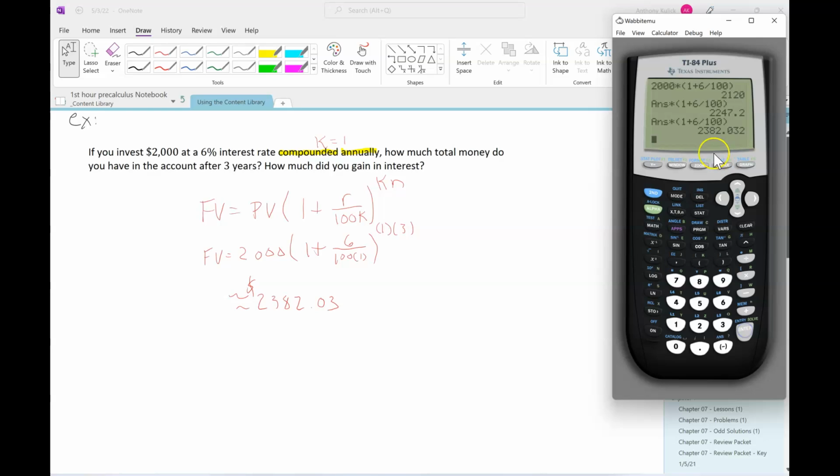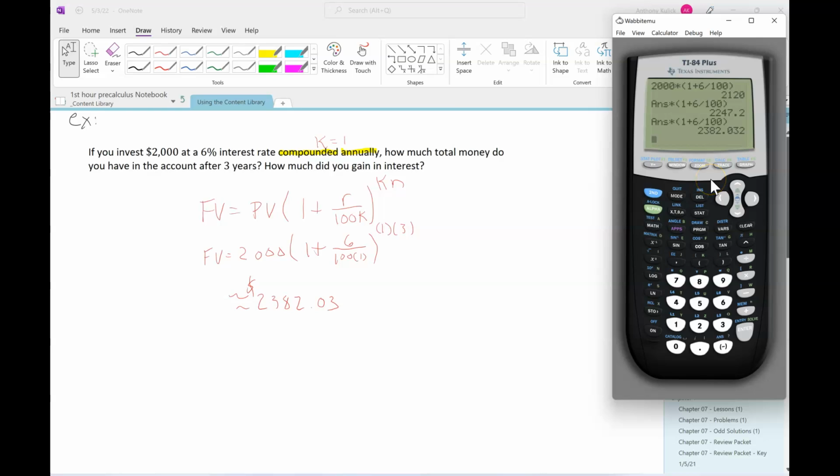So there's always a little bit more in my account every year. So I'm getting a little bit more interest paid out each time. Now, in this example, over 3 years, 22 bucks is not much to write home about.